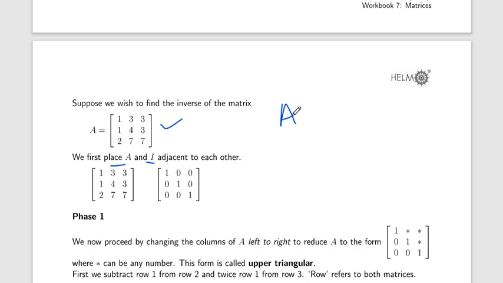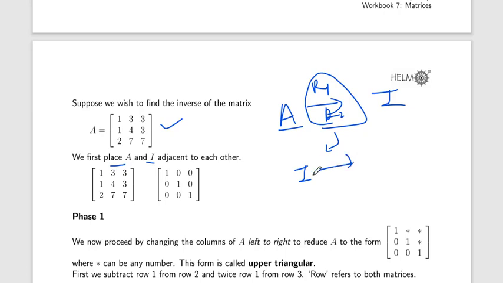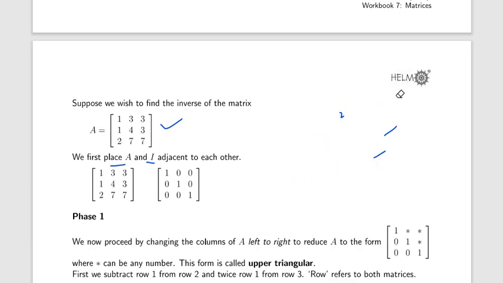Because, as I said, we want to transform this matrix into the identity matrix with row operations, and the same operations in the same sequence applied to the identity matrix will transform it into A inverse. So if we put them in line, A will transform into the identity matrix, and the same identity matrix will transform into A inverse.